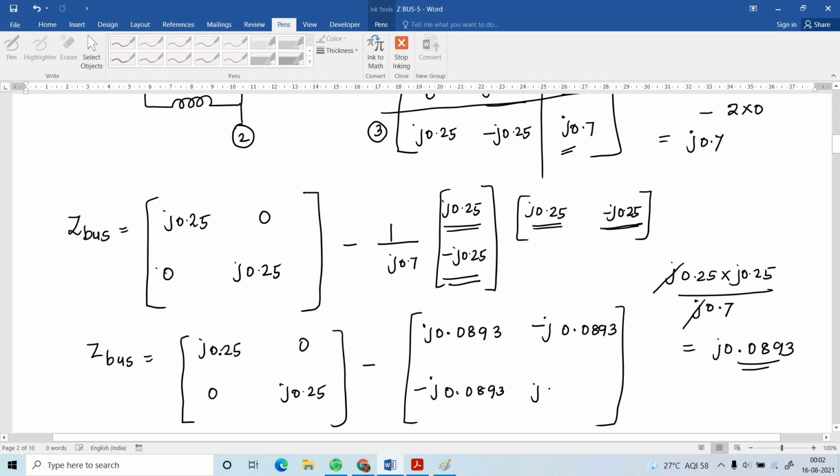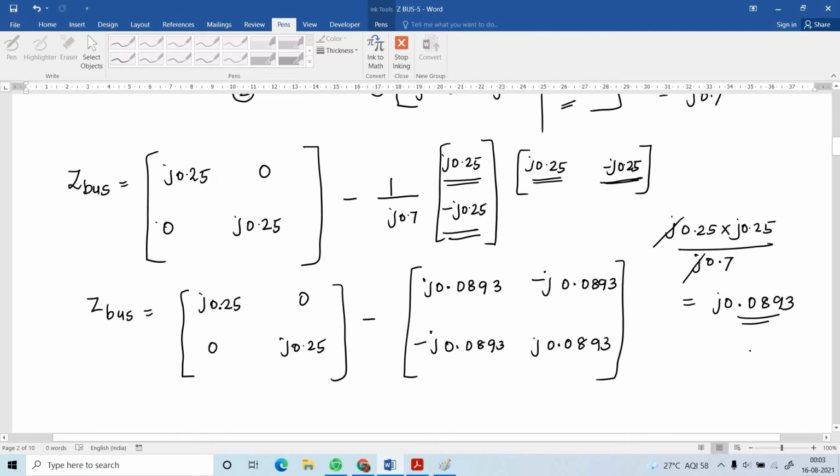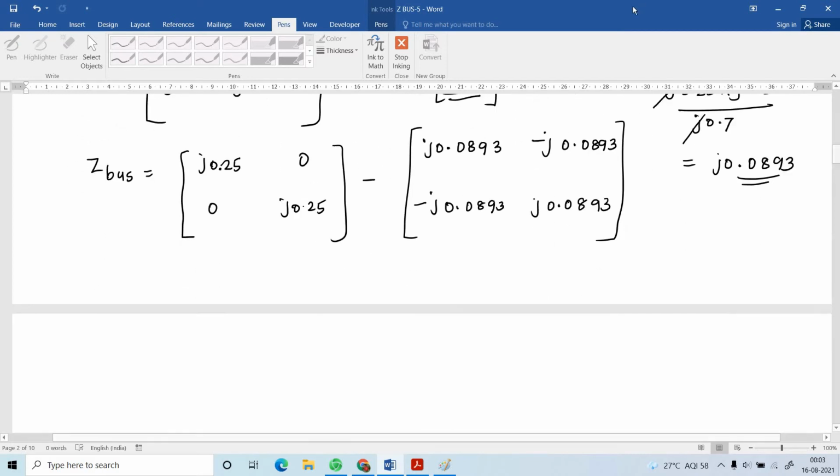Again I get J0.0893. Okay, that's all. This is the way. Then I have to subtract the first part and second part, and I'll get the final ZBUS.